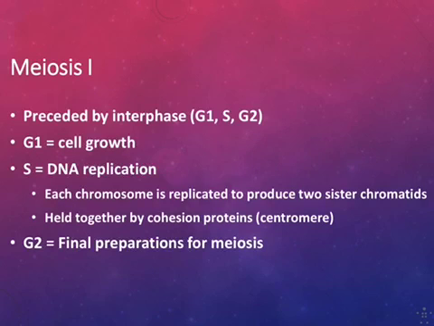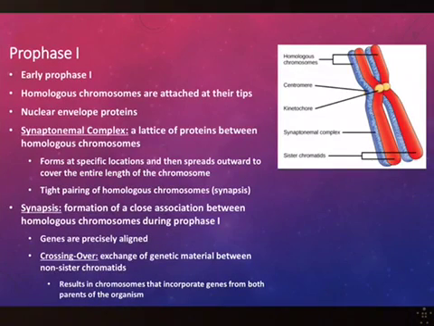Very similar. So, prophase 1 is by far the phase of meiosis that has the biggest and most differences from mitosis. In early prophase 1, the homologous chromosomes are going to be attached at their tips. This is done with nuclear envelope proteins.